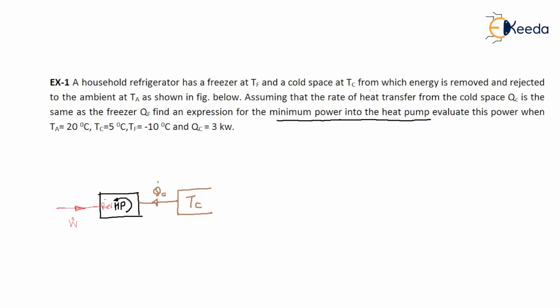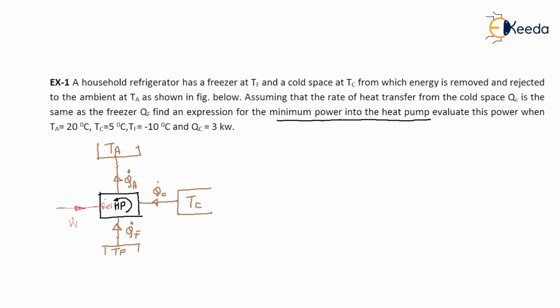Assuming that the rate of heat transfer from the cold space is QC, heat is also taken from the freezer at TF. The energy is removed and rejected to the ambient, which is QA to the ambient at TA, right? So this is your arrangement.